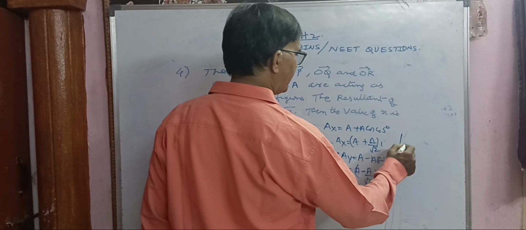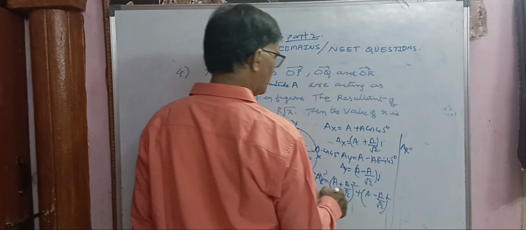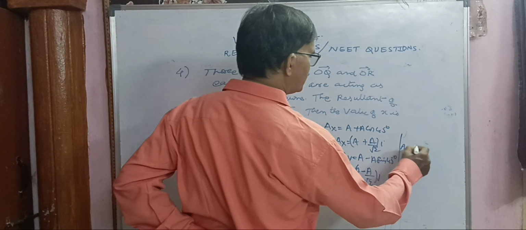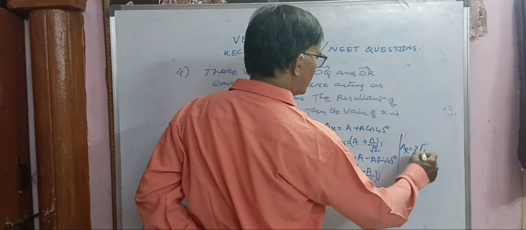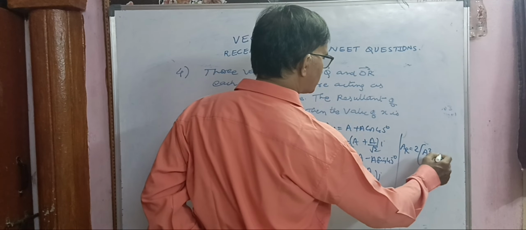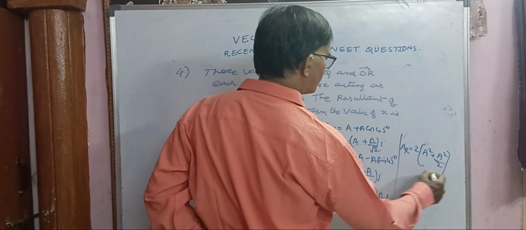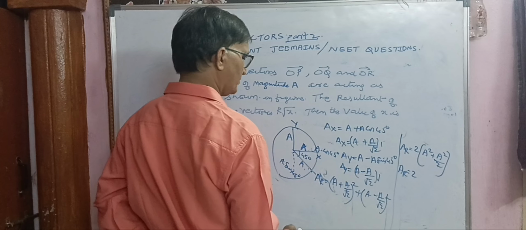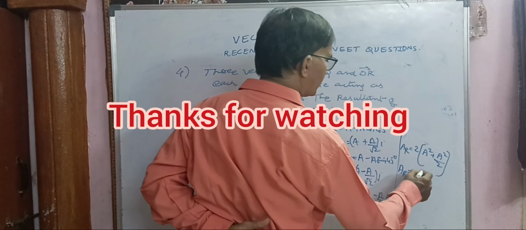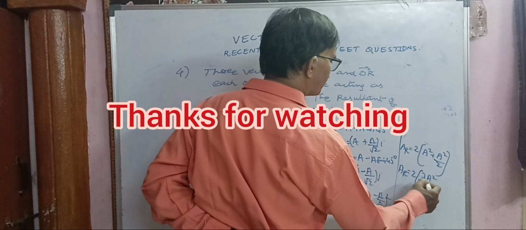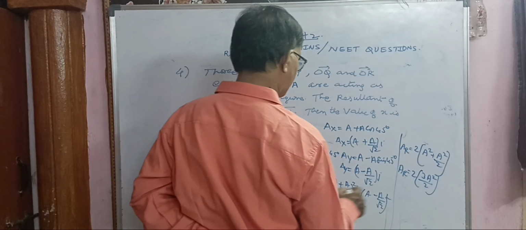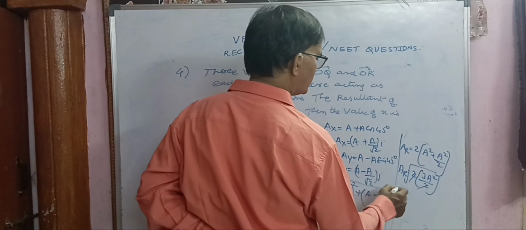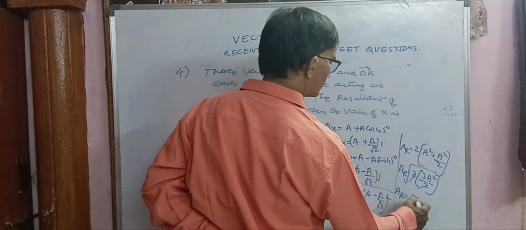A resultant is equal to 2 into A square plus B square. So here A square plus B square means A square by 2. So A resultant is equal to 2 into, what do you get, 3A square by 2. This root is there. So the 2 cancels. So A resultant is equal to root 3 A.